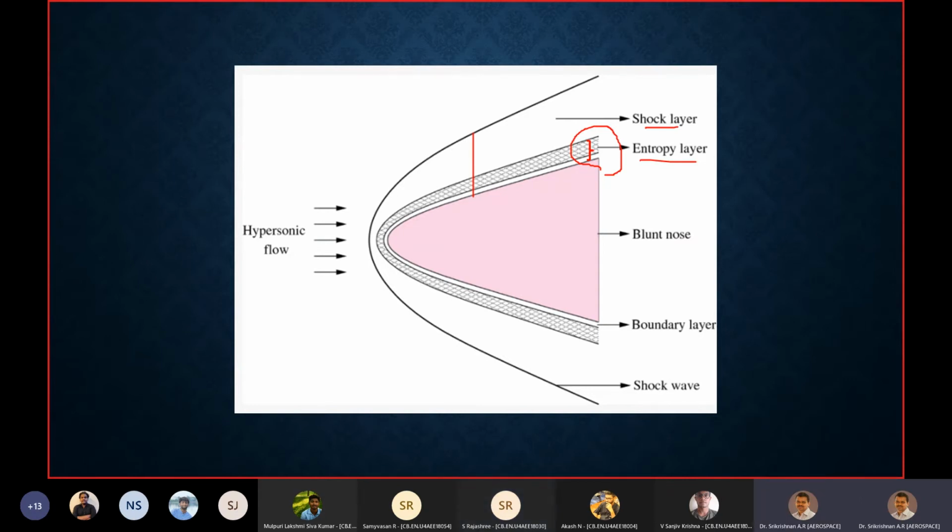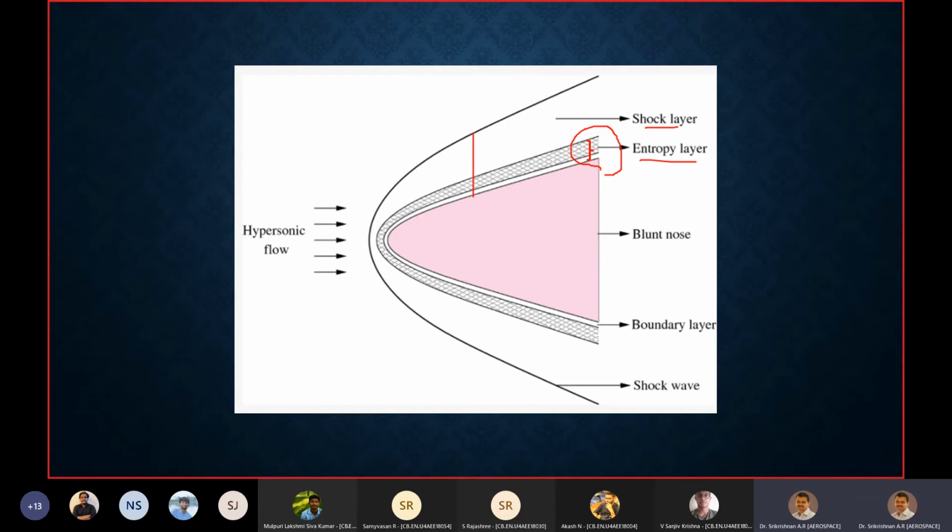Actually, what is shown there is a possible region. Unlike a shock layer, the entropy layer is not a well-defined region. When I say shock layer, I can identify two well-defined boundaries: one is the shock itself, and the other is the body surface. Whereas when I say entropy layer, what I mean is the gradient in entropy at a given location. So it can span across the entire shock.